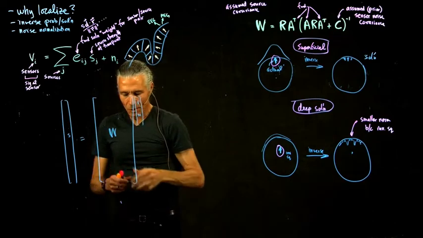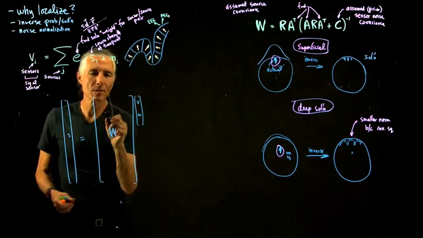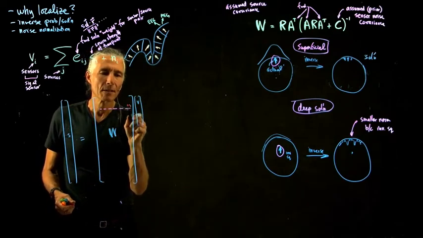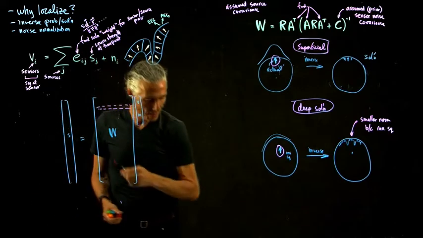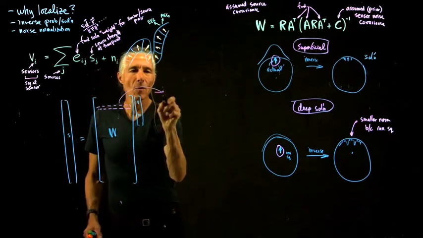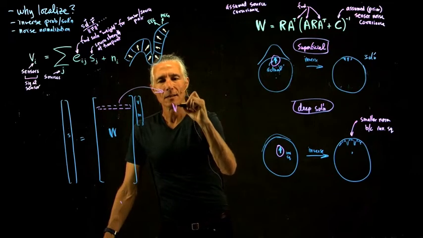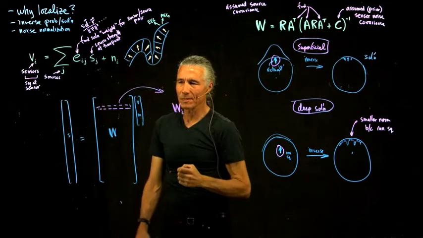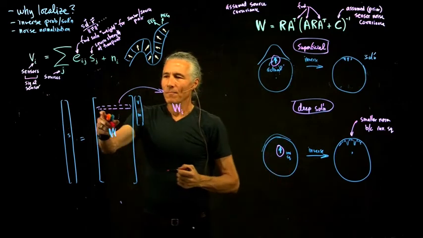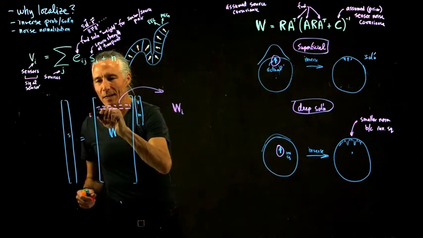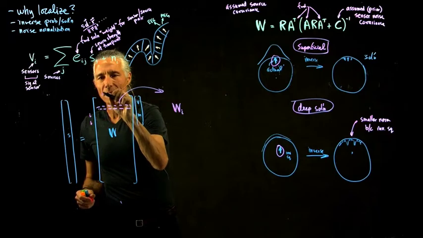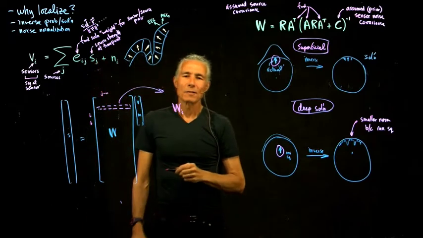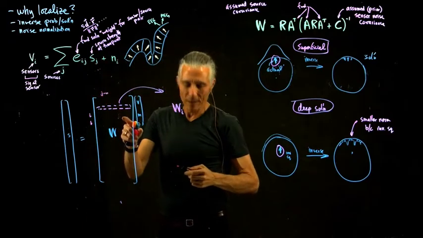A very straightforward thing to do is just take a row. If we put an index on the matrix, this is I, and this is J, going in that direction. So this means get one row out of the matrix.